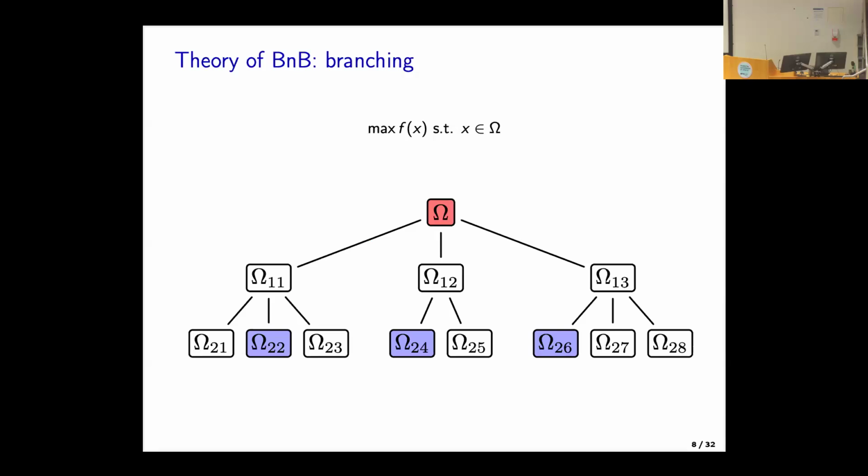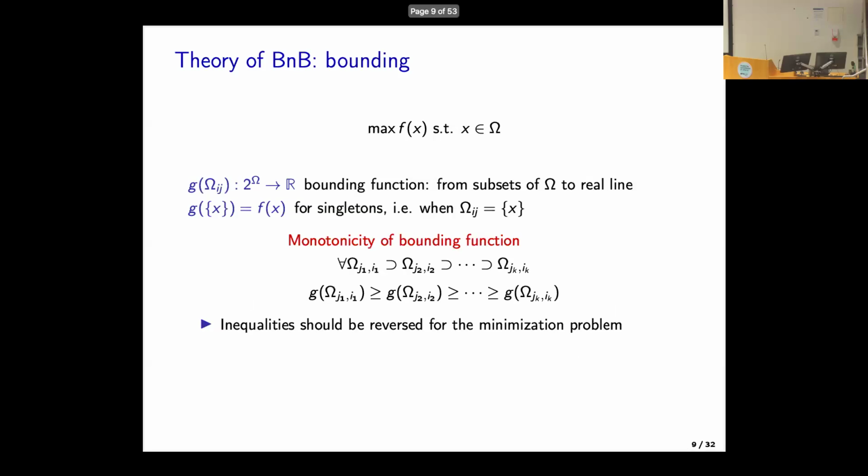Okay, it's kind of abstract right now. Let me take it to the example. This is a maximization problem. As we go all the way deep to the singletons, to elements which have only one point, this function becomes the objective function. But for any levels above, it's like an approximation. It's an upper bound on the objective function.